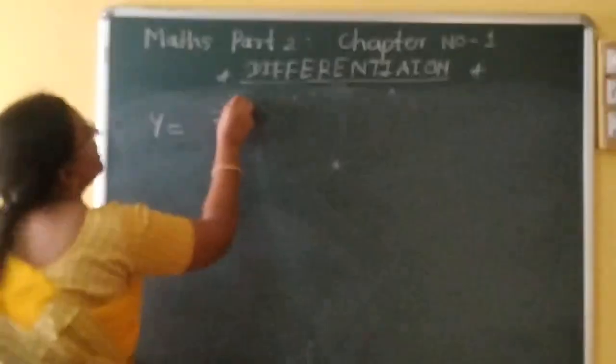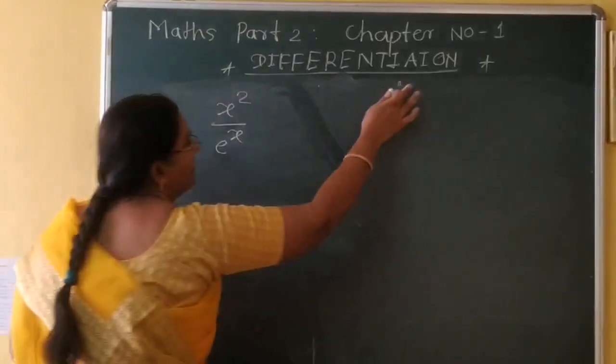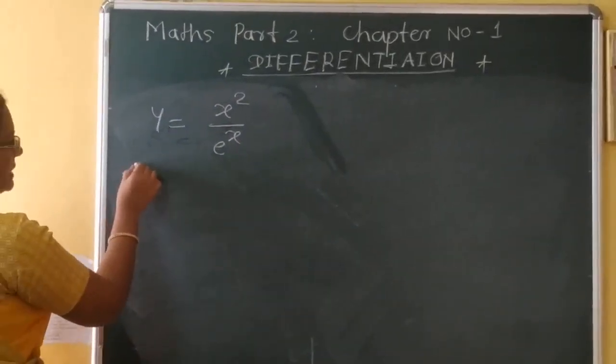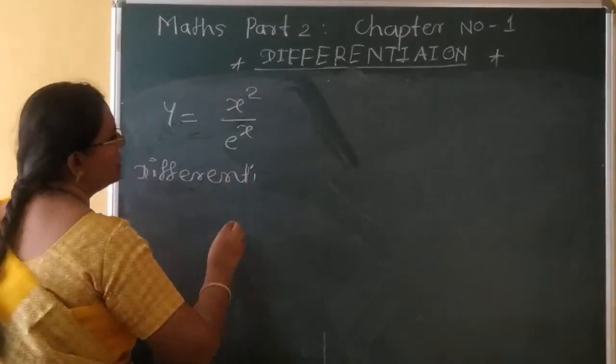Suppose y is equal to x square upon e raised to x. Then differentiate this y with respect to x by using the quotient rule.